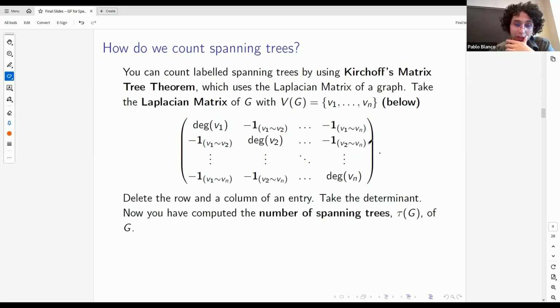So how do we do this? I take my Laplacian matrix, choose an entry, and take out that column and row, which gives me a smaller matrix. Take the determinant of that, and that'll be the number of spanning trees of the original graph G.